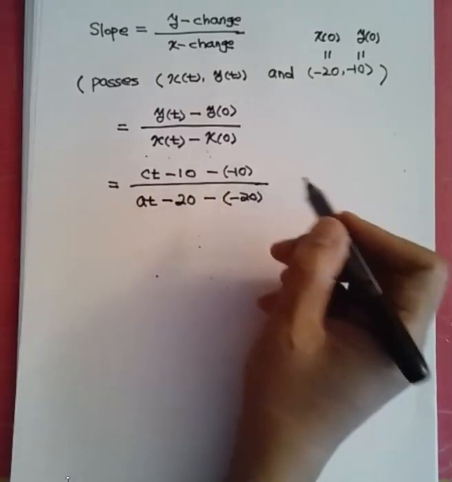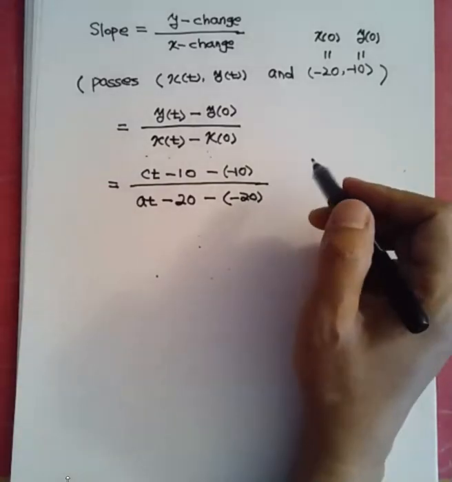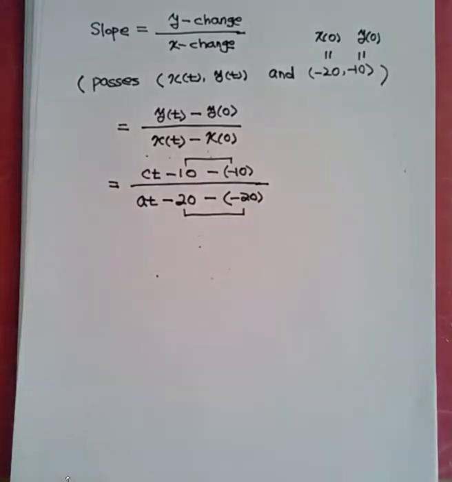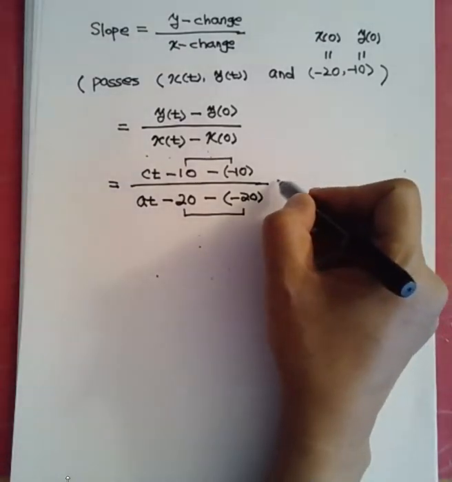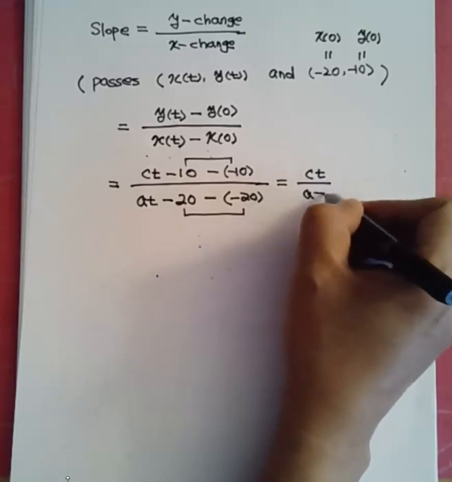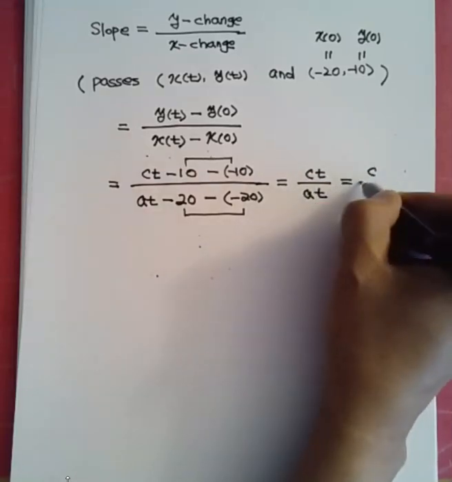Those are calculated. Then these two will cancel each other, and all we get is ct over at, which is c over a.